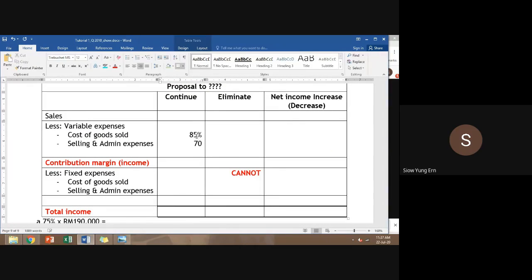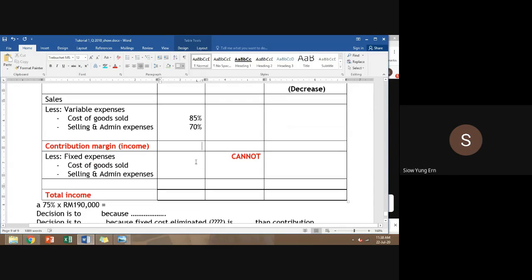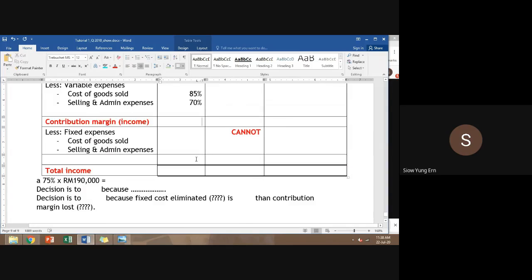So sales less variable expenses, you get your contribution margin. What do you get for contribution margin? Correct, 43,450. Okay, next we move to fixed cost.